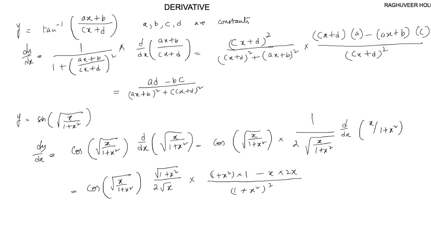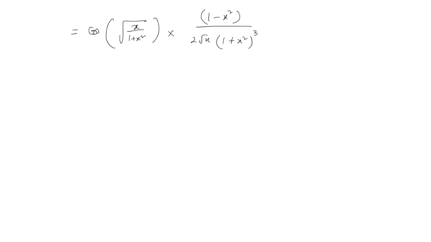Okay. Now then, after simplifying this, we get cos of square root of x by 1 plus x square multiplied (1 minus x square) divided by 2 root x and (1 plus x square) to the power of 3 by 2, right?